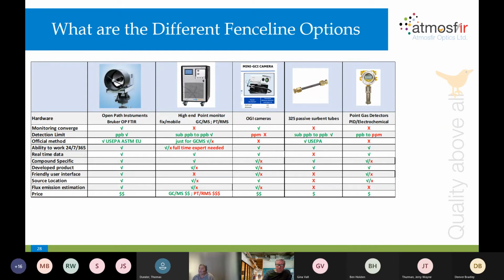And you can see that in almost any category, the open path instrument for fence line wins. Maybe for price, the passive sorbent tube wins, but I think for the rest, we are equal or better than the other technologies that we also implement in our company.